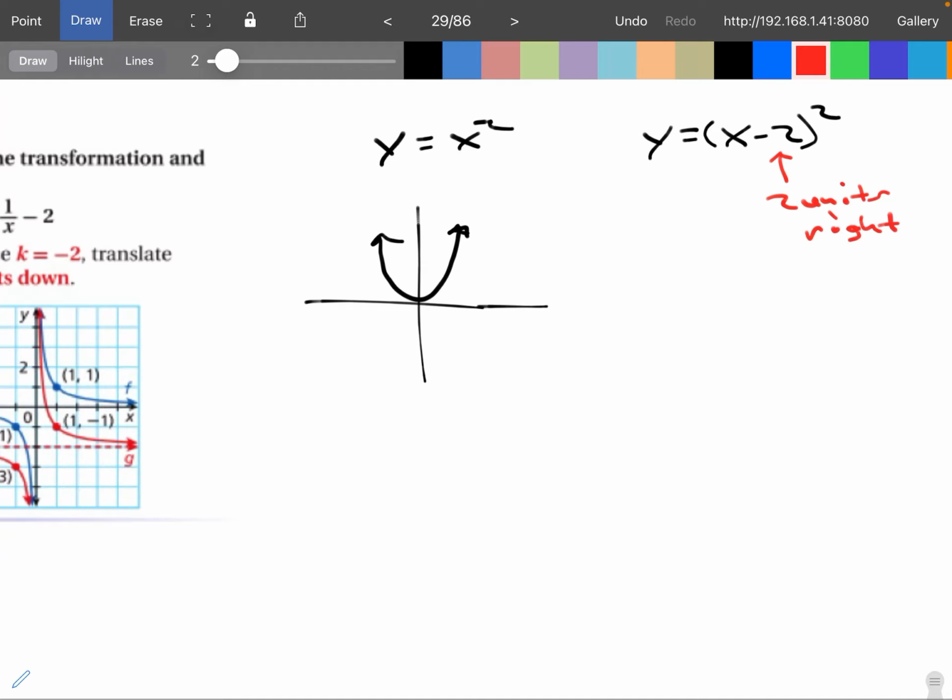I think your book called that a horizontal translation. So then your graph would look like this. You'd shift it 2 units to the right. I'm going to take this point at 0, 0 right here, and move it 2 units to the right. And now your graph would look something like this.